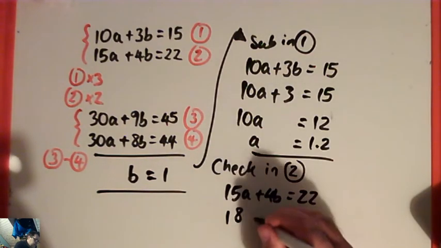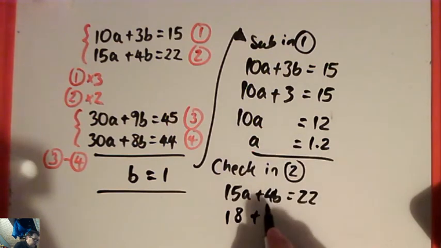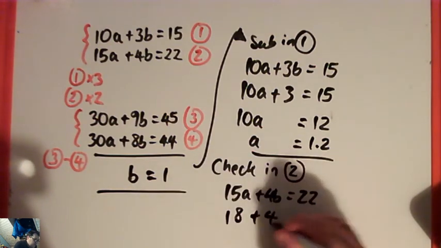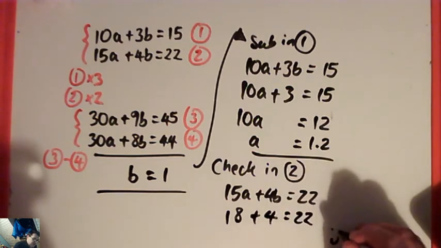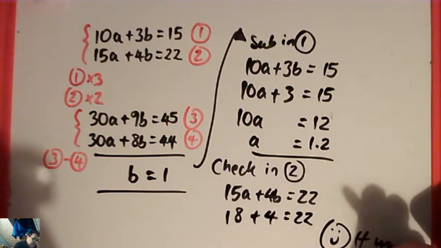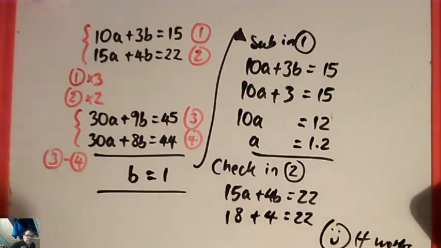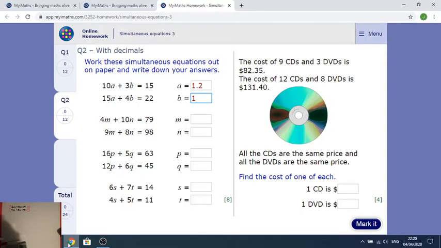So that's 18 plus, and then 4b, 4 times 1 is 4, so 18 plus 4 equals 22. Well, it certainly does, so we're confident that we've got that one right. Okay, so 1.2 and 1, and then we'll just go on to the next question.